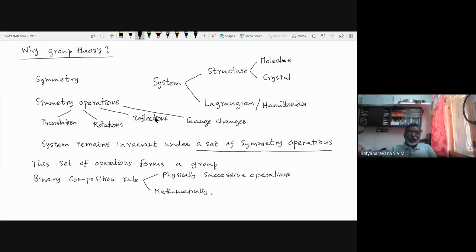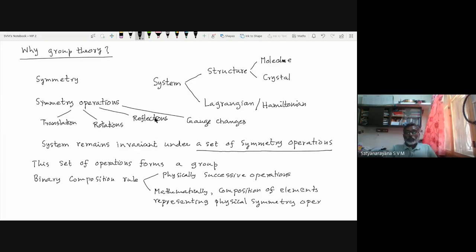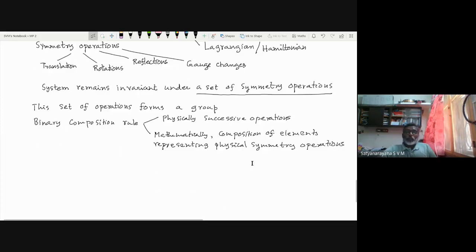Okay, so mathematically, it is the composition of elements representing physical symmetry operations.